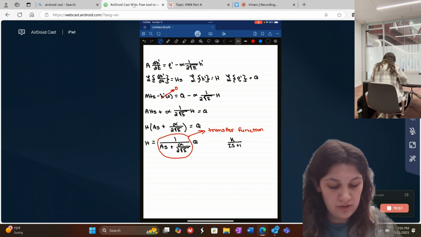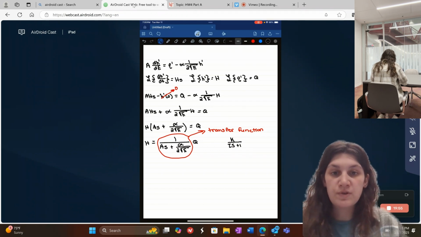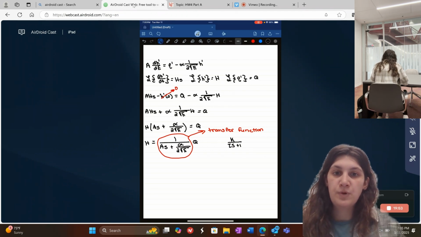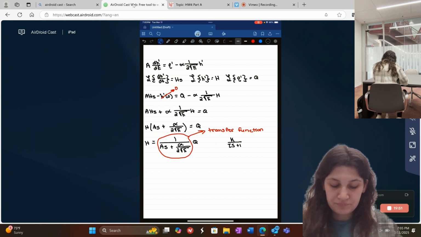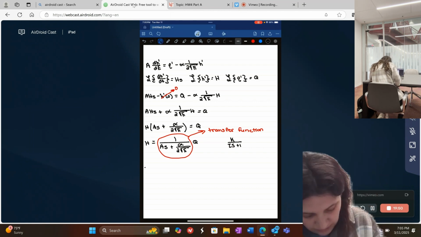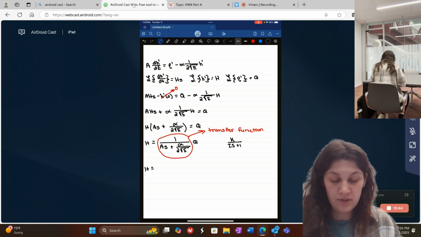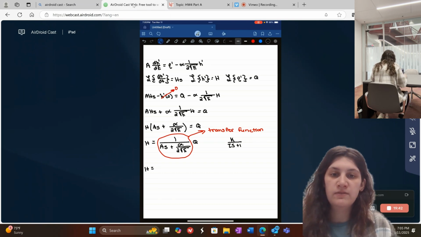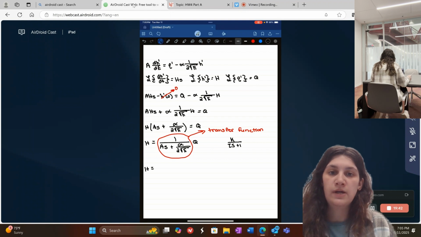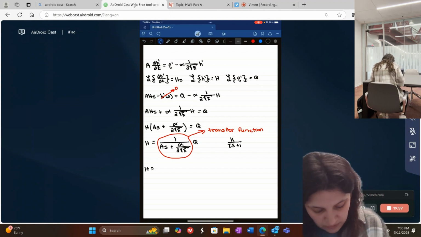And so we're going to rearrange these terms to put this in that format. And to do this, we are going to multiply by the reciprocal of alpha divided by 2 times the square root of h bar.